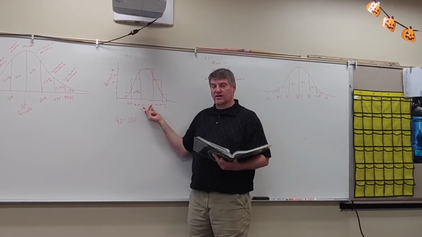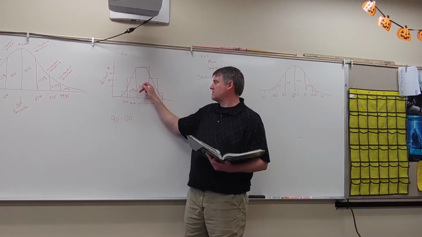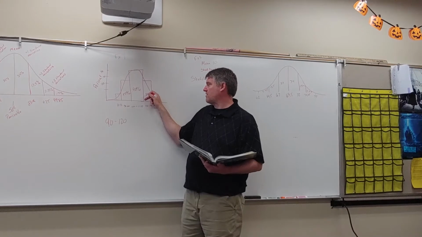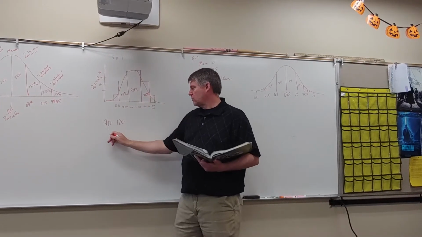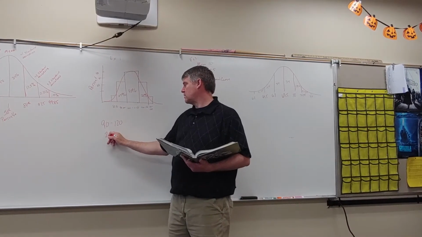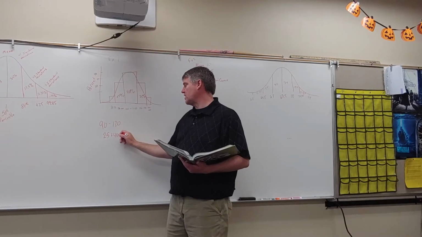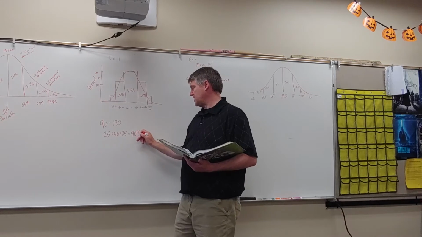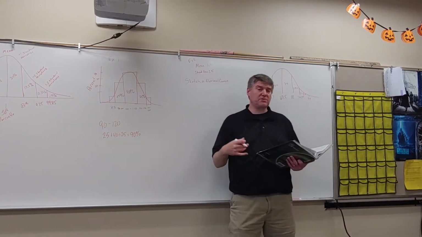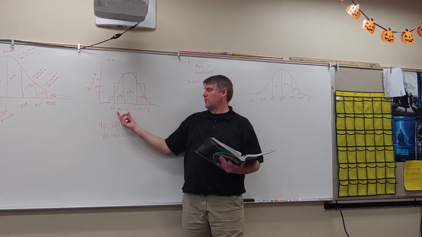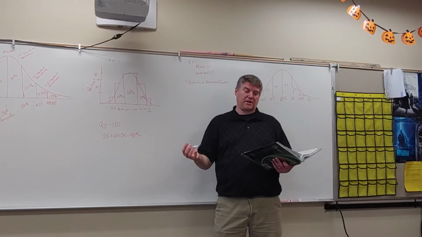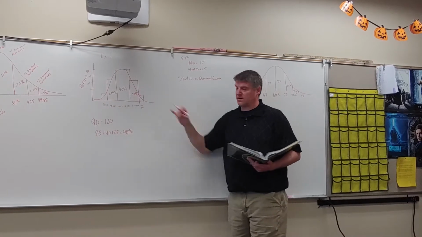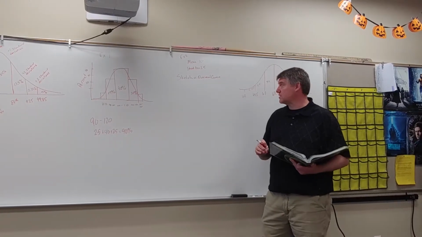The middle box, 100 to 110, is about 40%. And 110 to 120 is 25%. So we add those together: 25 plus 40 plus 25 gives me a grand total of 90%. So 90% of our data is going to fall between 90 and 120. You're just looking at your graph and trying to get those percentages.